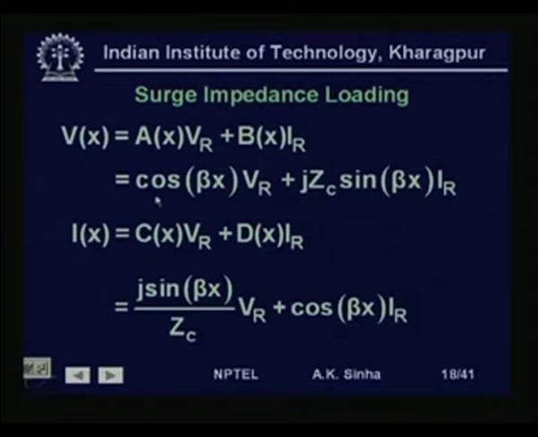Therefore, Vx is equal to cos beta x into Vr plus j Zc sin beta x into Ir, and similarly Ix will be equal to Cx Vr plus Dx into Ir. Cx is equal to j sin beta x by Zc, and Dx is equal to Ax, which is cos beta x. Therefore, Ix is equal to j sin beta x by Zc into Vr plus cos beta x into Ir.